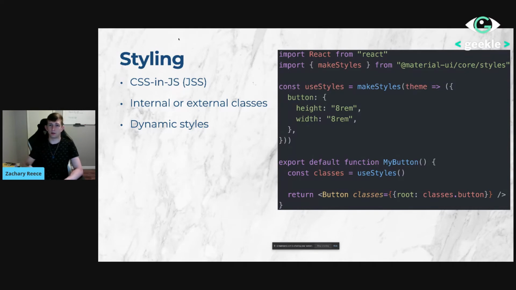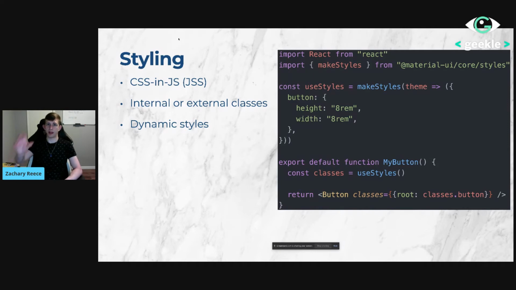Then inside your component, so inside of our component MyButton here, you create the const classes equal to useStyles. That sets up all of the styles that you created, and it generates the actual CSS. And then we can create our button component and pass it the classes.button class that we just created up above.